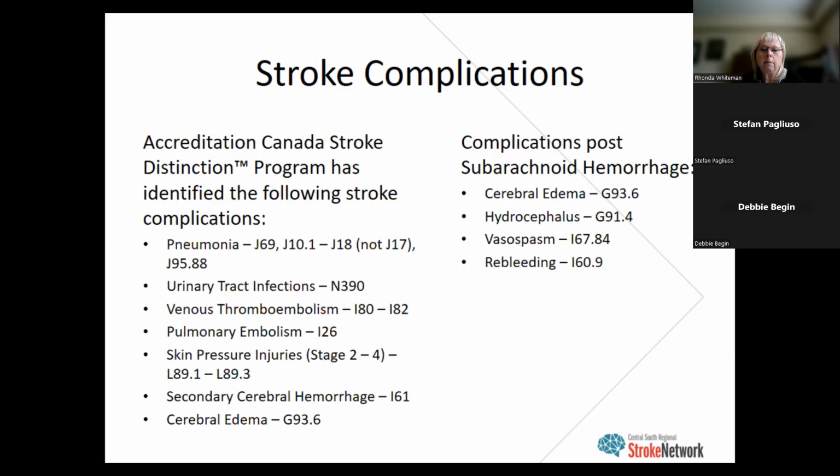The risk of intracerebral or secondary hemorrhage after thrombolysis is about 3 to 4%, and after endovascular therapy is again about 3%. Cerebral edema occurs in about 10 to 20% of ischemic strokes, usually at about day 3 to 5.